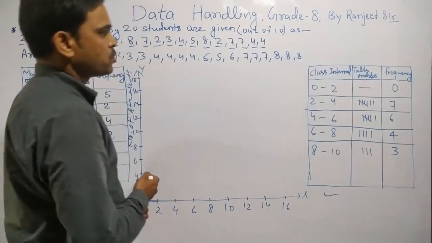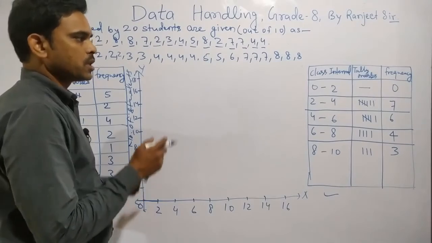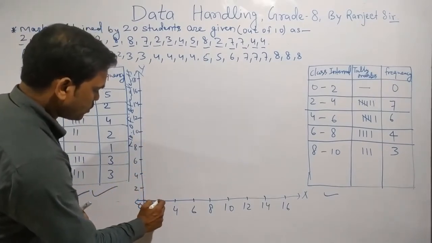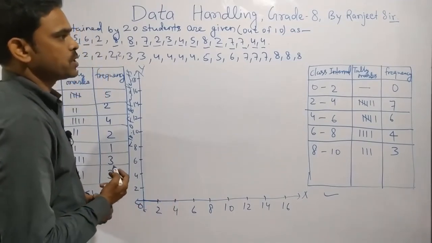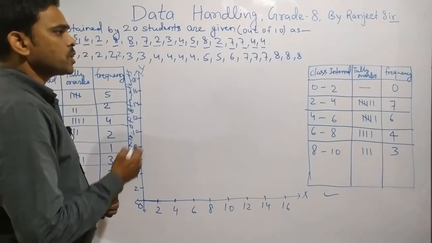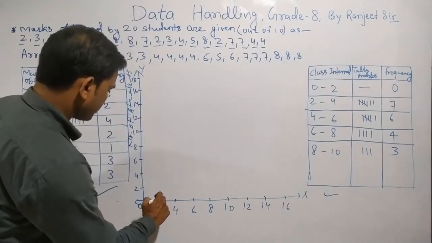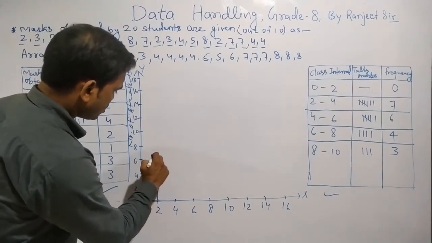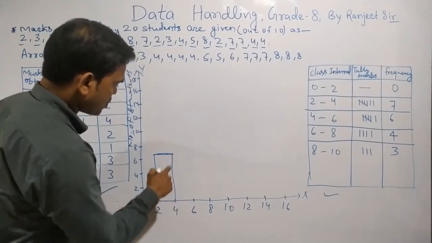The next one is 2 to 4, and the frequency is 7, which means 7 students have got marks between 2 and 4. So this difference, this distance between 2 and 4, I am going to use to represent the frequency, number of students, and that is 7. So it will go till 7, like this only we will do. Okay.